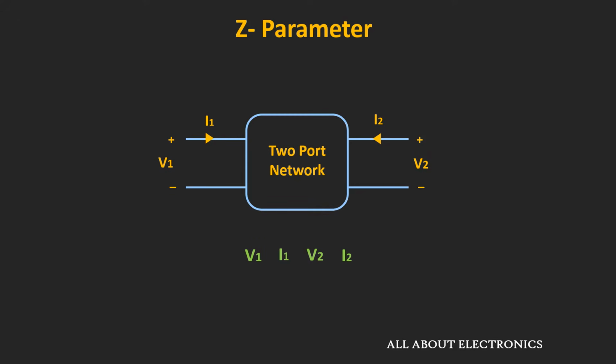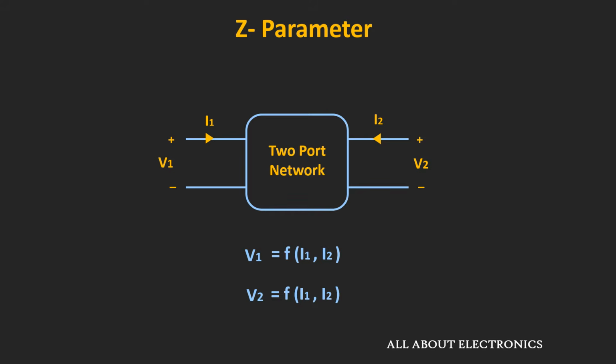So for the Z parameter, I1 and I2 are the independent variables, while V1 and V2 are the dependent variables. That means V1 and V2 are functions of I1 and I2, and they can be expressed in terms of I1 and I2.